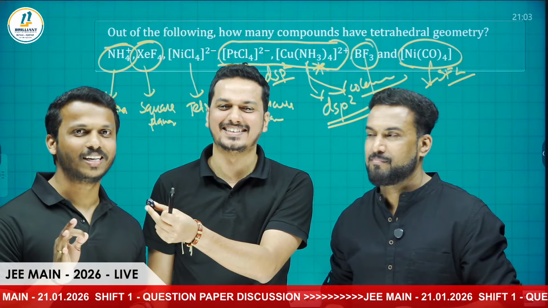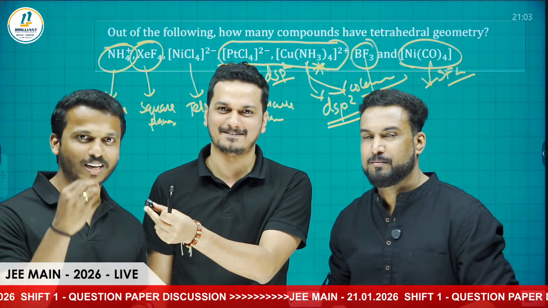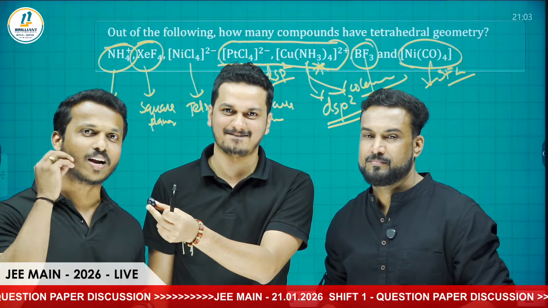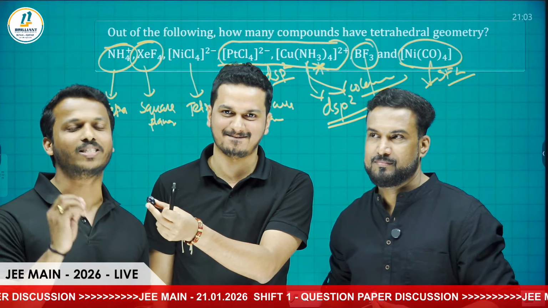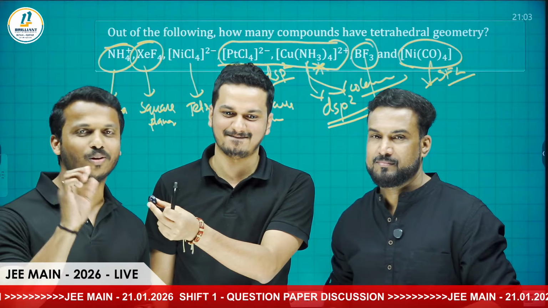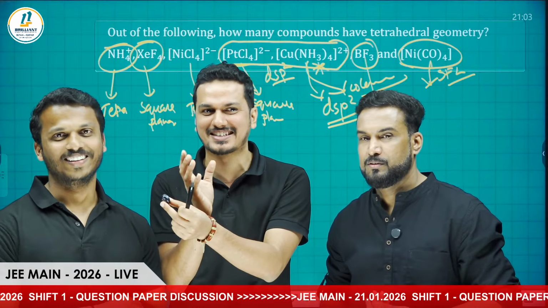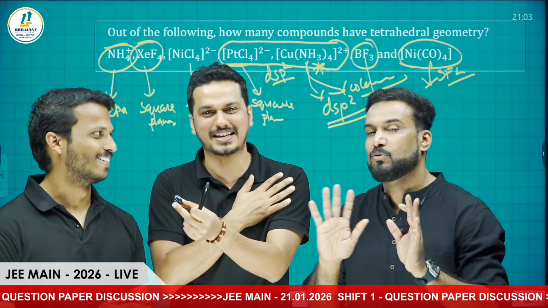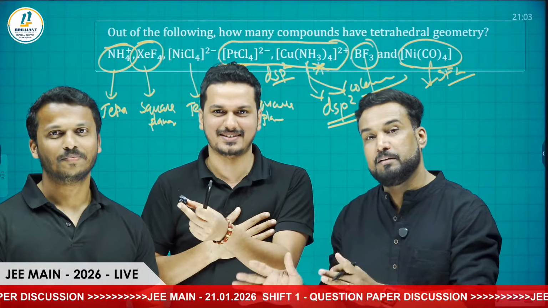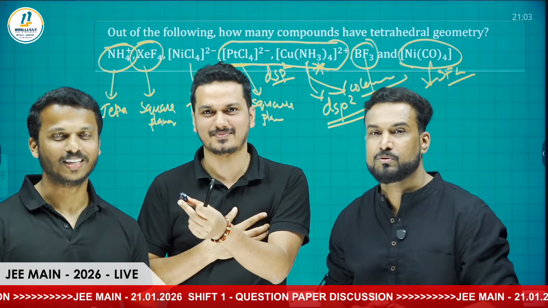When you get the final answer in a calculation, only if you are 100% guaranteed that this is the answer, then mark it. Especially in statement 1, statement 2 questions, if one statement is correct and you don't know whether the second is correct or not, don't take a chance. Leaving is fine, but don't take a chance, okay?